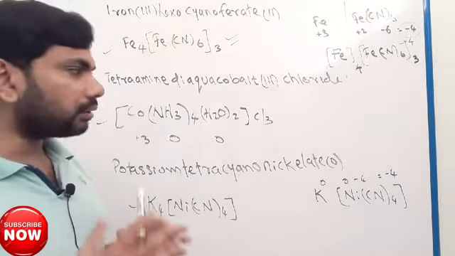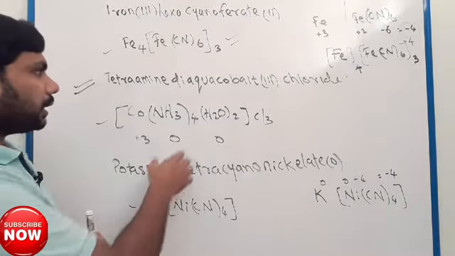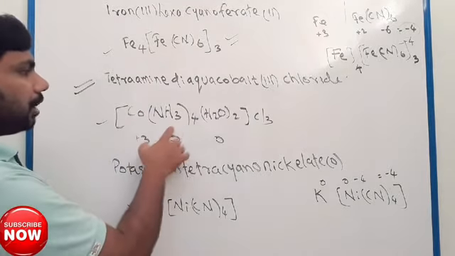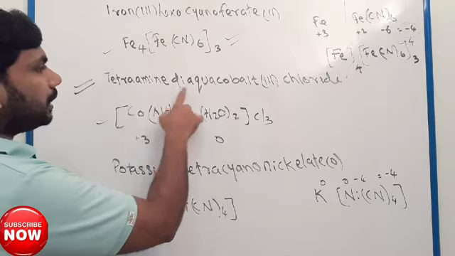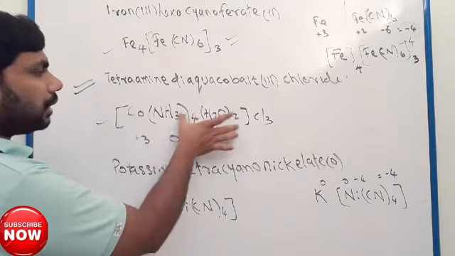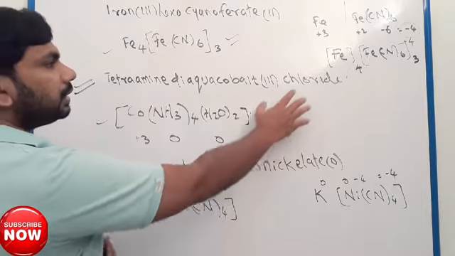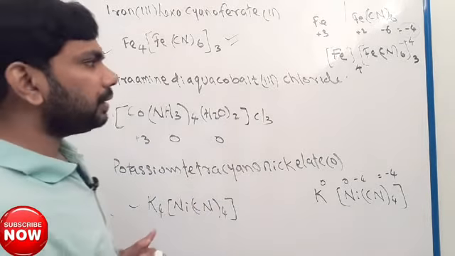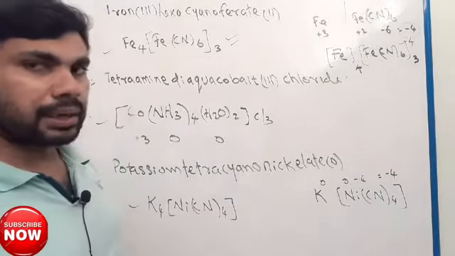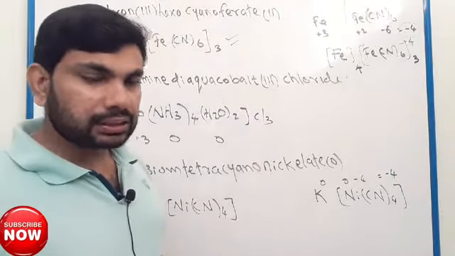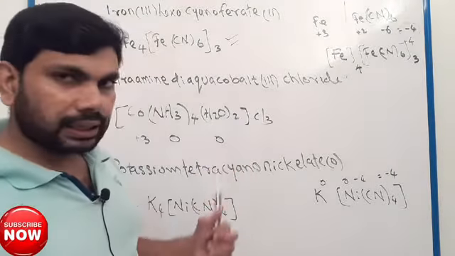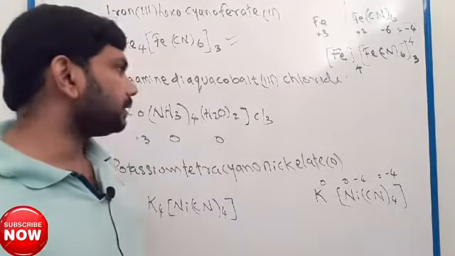We learned these rules already. So cobalt, tetraammine, diaqua. So we have to arrange ligands and the central metal atom accordingly. Then chloride. Chloride means there are many possibilities: Cl minus, Cl2, Cl3. So here it is Cl3. Let us check why here Cl3.